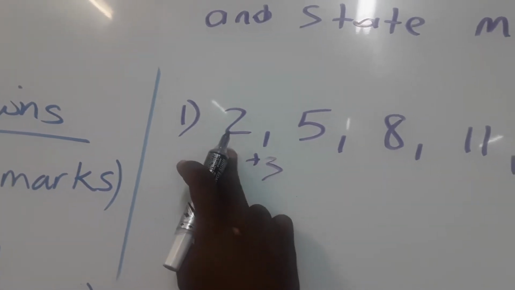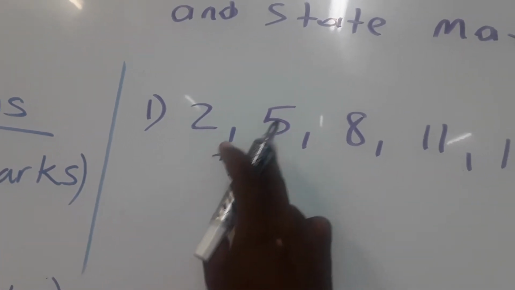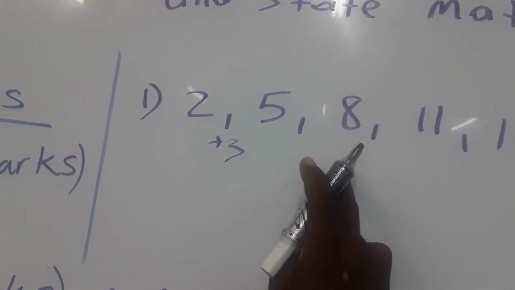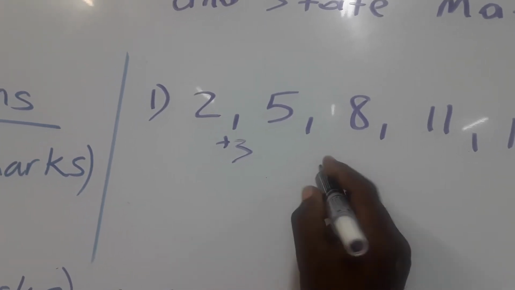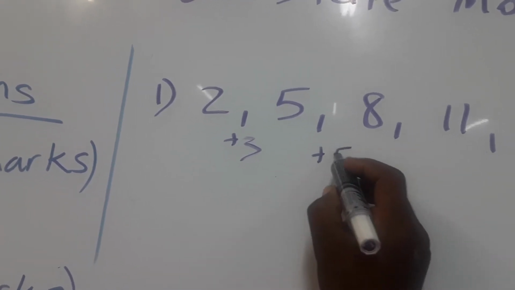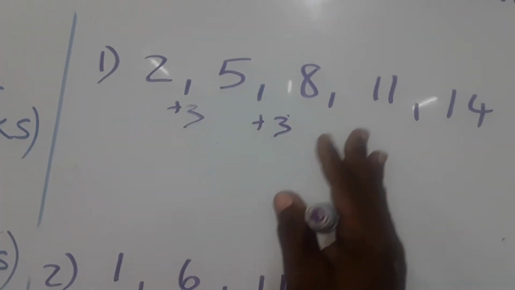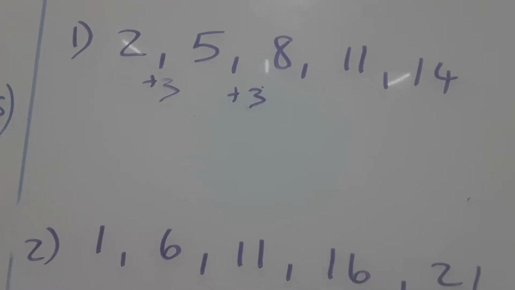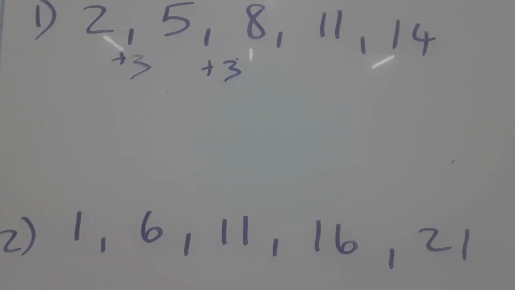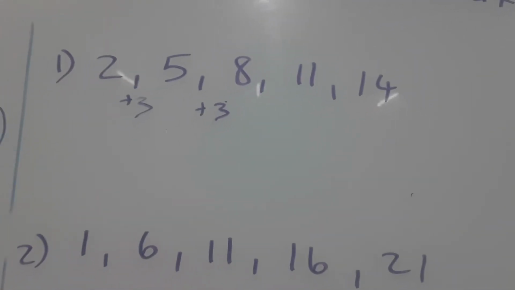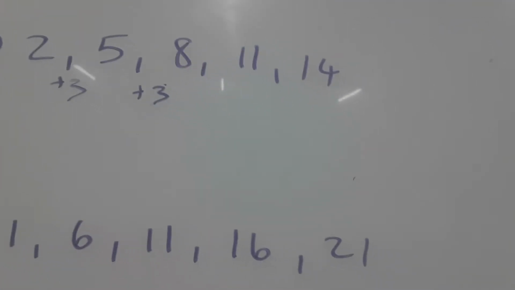So from the first term, they add 3 to get to 5. Looking at the third term as well, we see also an addition of 3. And if we go through all our terms, we see that there is an increase of 3.